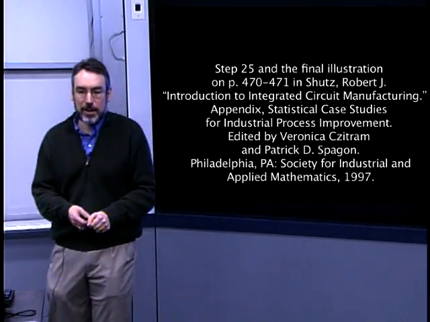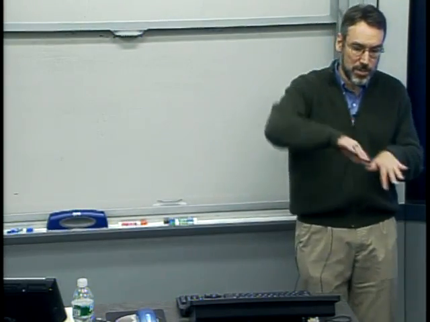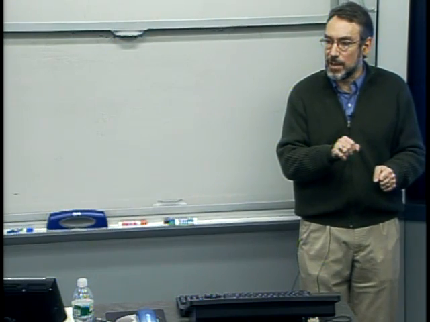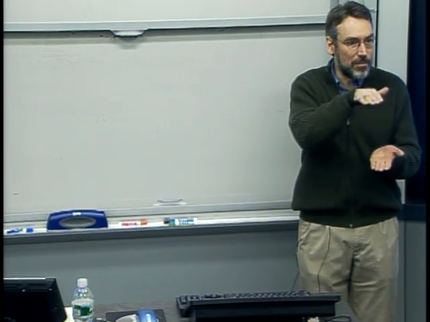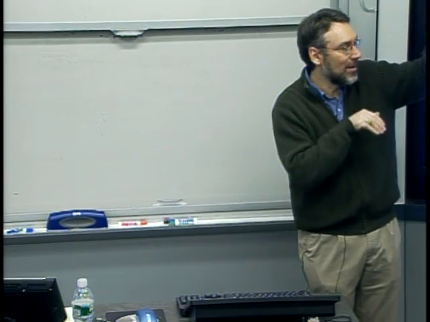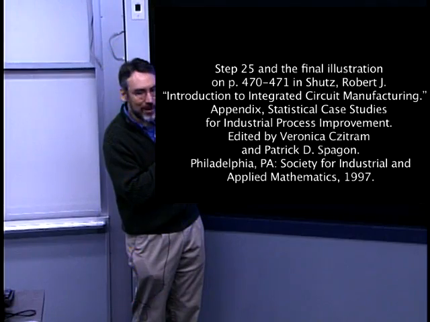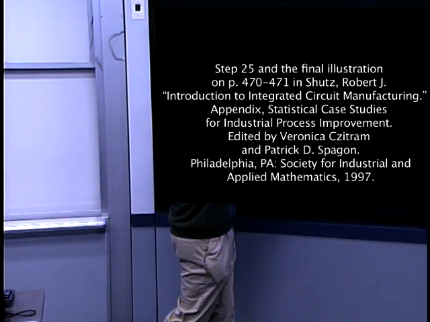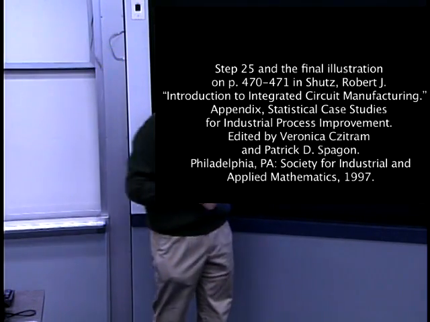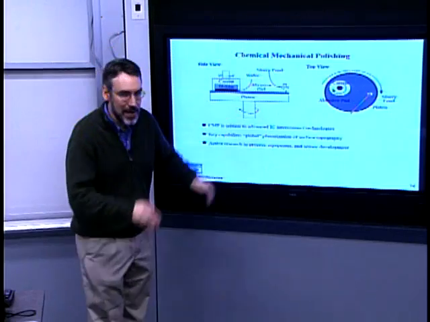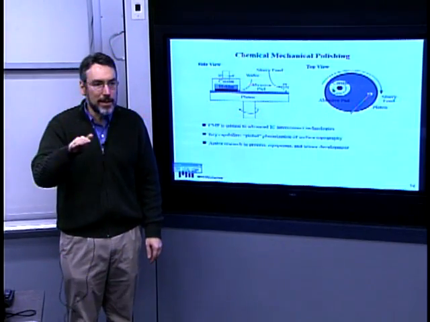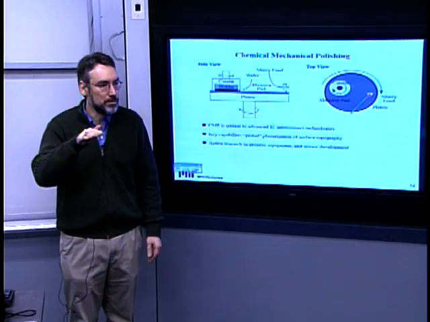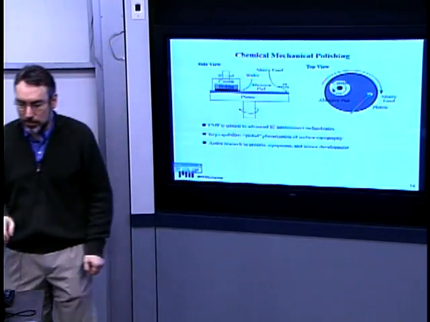That becomes a huge challenge in terms of other processes like photolithography. Talked about that depth of focus. Now I want a pattern or image at the top of one of these levels, and I've got also these recessed regions. It becomes very difficult to image, say, a metal 4 layer. And so CMP has been created to basically abrade away the raised surfaces and get it down to a planar surface.